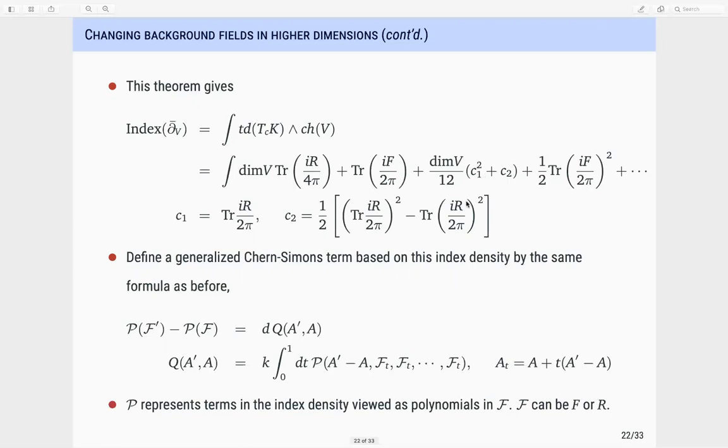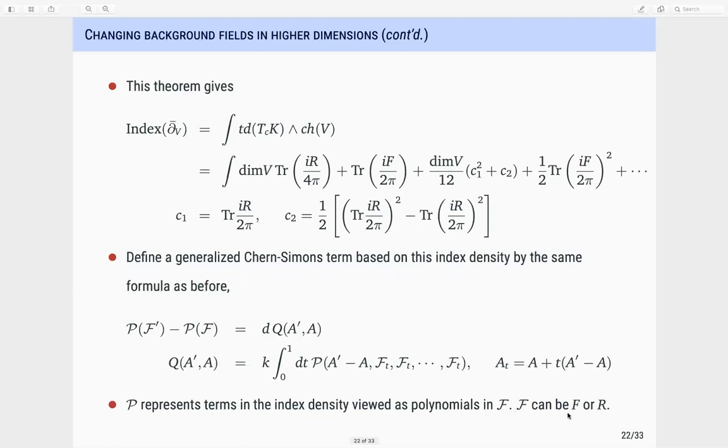And once I have this index density, I can use my old trick, namely define a generalized Chern-Simons form. Take P of F prime minus P of F, where the invariant polynomial is given by this index density.